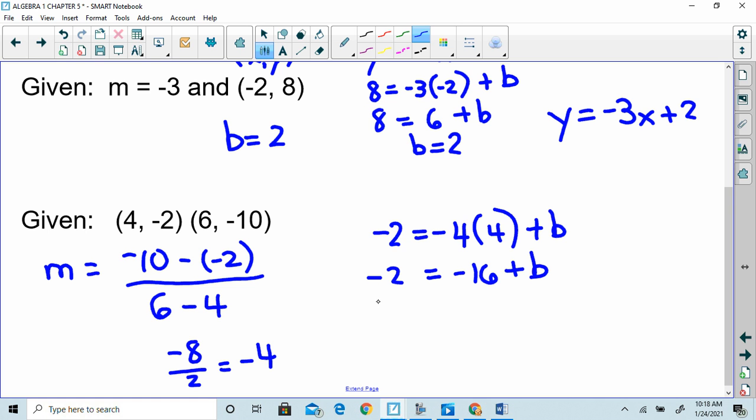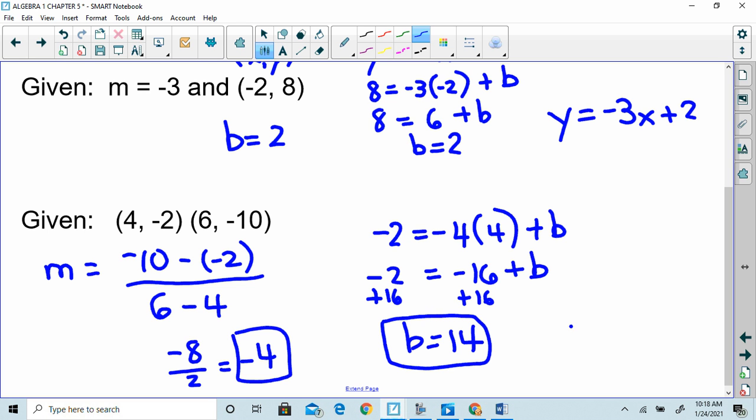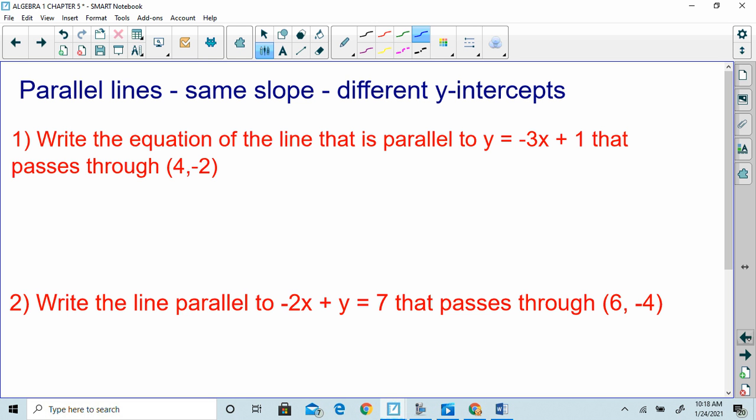Add 16 to both sides, and I get b is equal to 14. Once I have slope and I have a y-intercept, I can easily write my equation in slope-intercept form. And hopefully this is all very familiar to you.